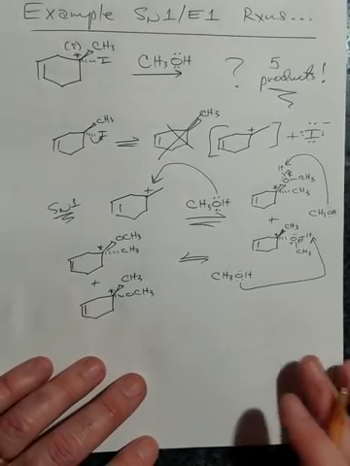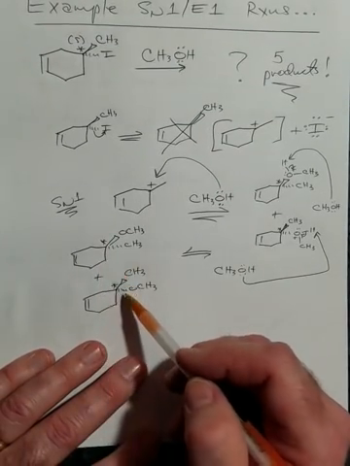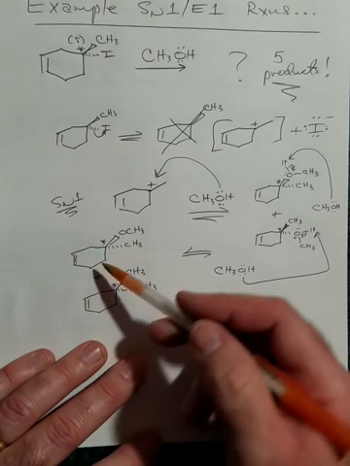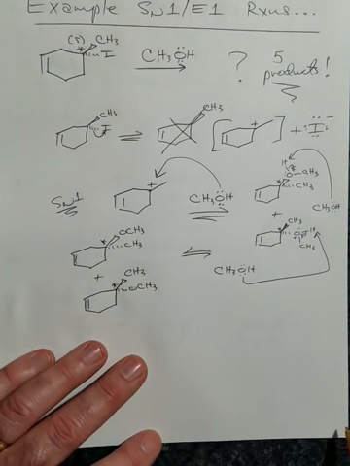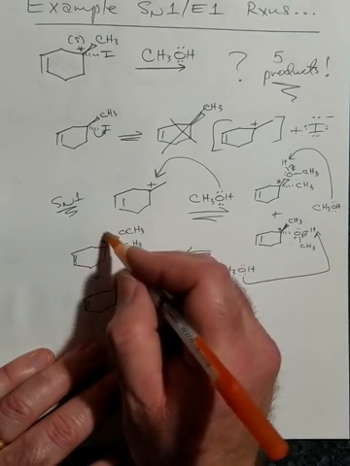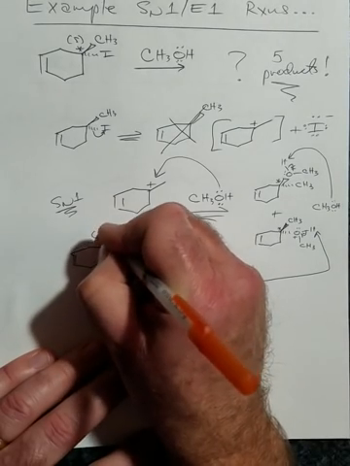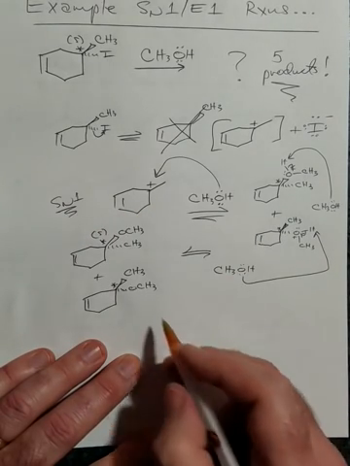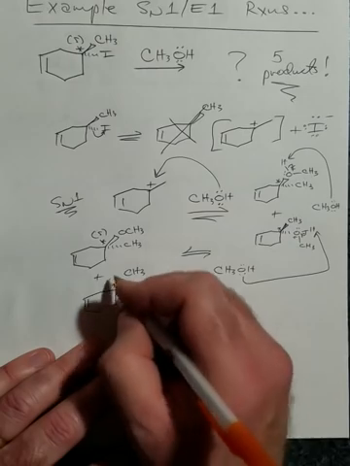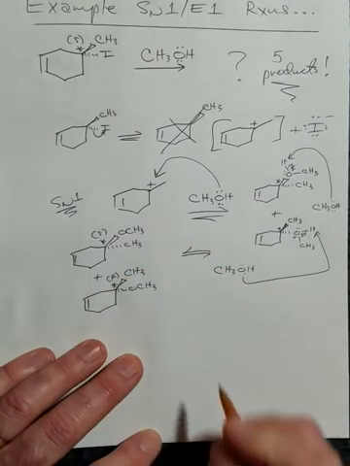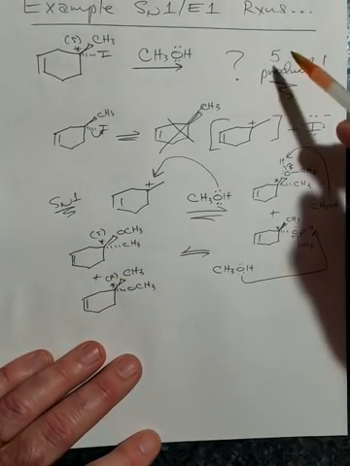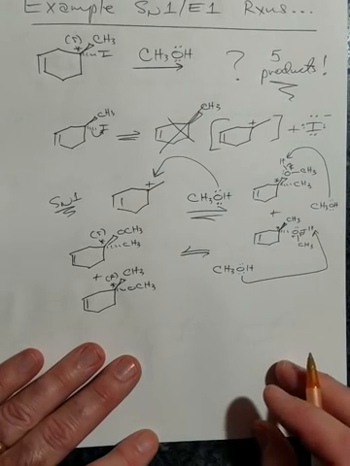We get two products because we've got two different configurations at these carbons. In other words, we just produced a pair of enantiomers. One of them, this one, has the S configuration, and this one has the R configuration. So we produce a pair of enantiomers, and that's two of our 5 products that we're going to form.